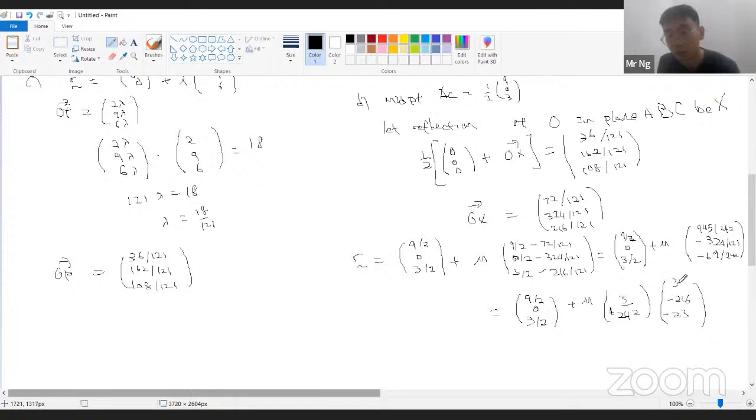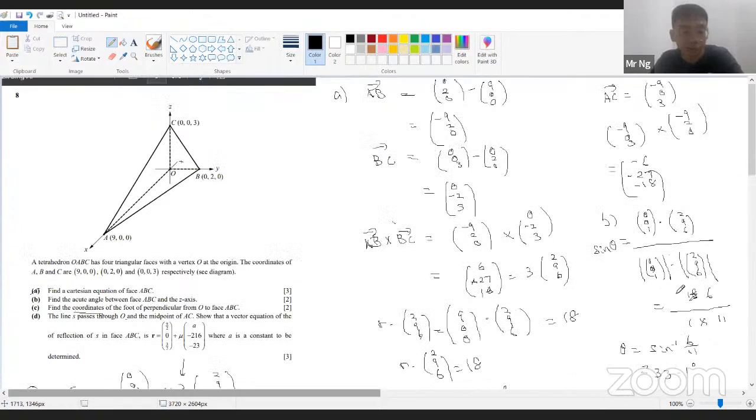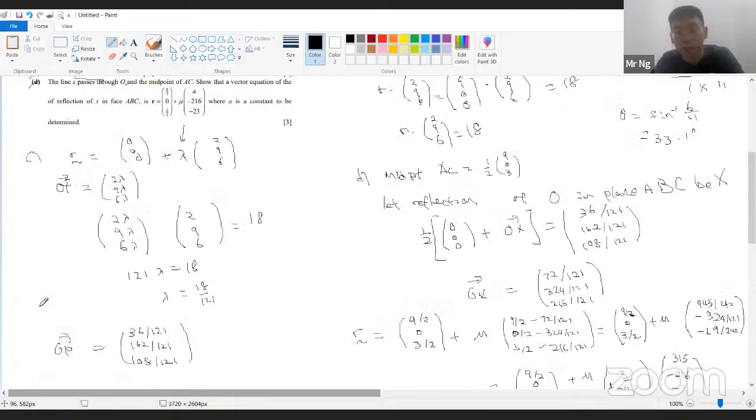And this thing needs to be 315. Okay, so done. That means that because this one is correct, this should be correct, where our A is 3.